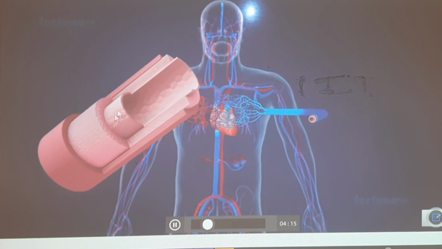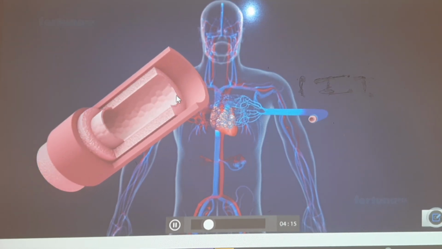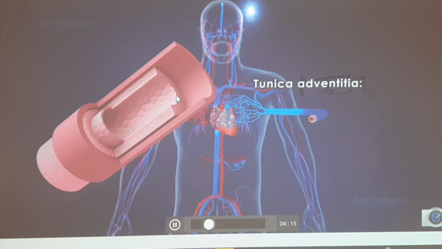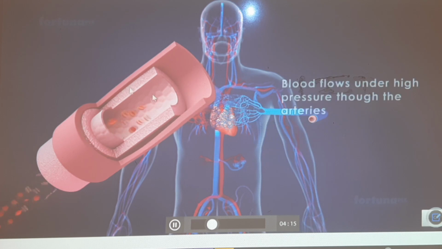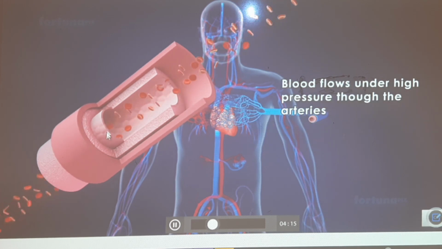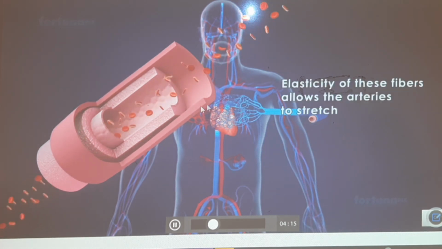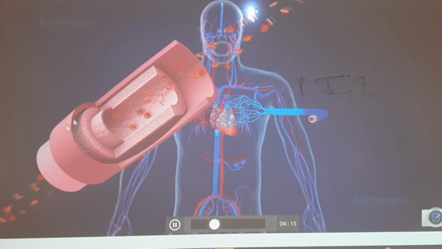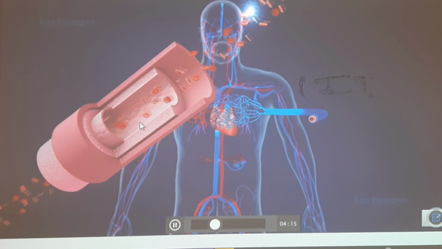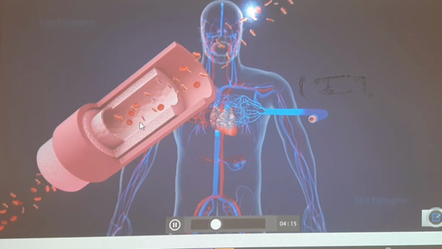The names of the three layers you need not study now, because you will be studying them in higher classes. In general, arteries have a thick wall, and the blood flows through the arteries. Understood? And the outer layer is elastic in nature. That means it can expand and contract.